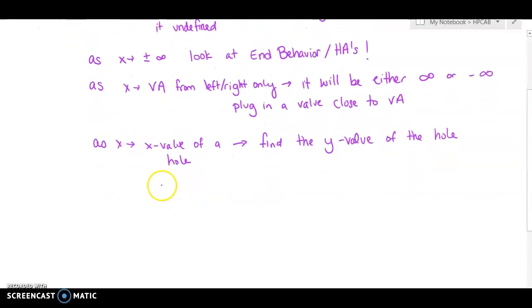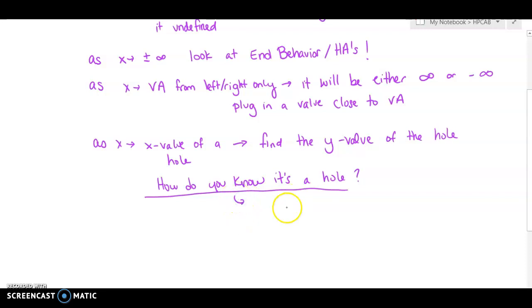So how do you know it's a hole? Here's how you know. Let's say you factor the numerator and you get x plus 2 times x plus 3, and the denominator you factor and get x plus 2 times x minus 5.